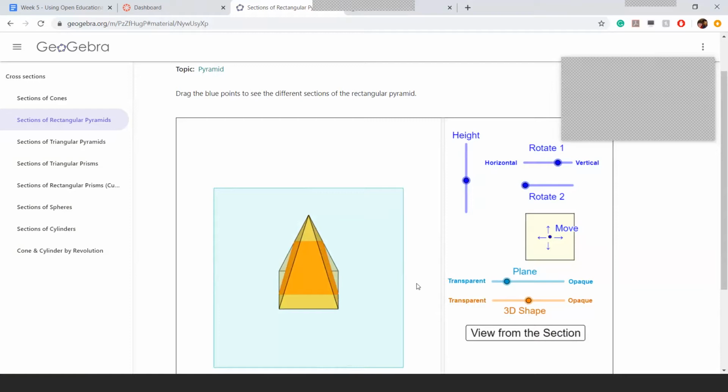This means that when you have a diagonal cut in a rectangular pyramid, you have an isosceles trapezoid. So we have three different shapes that exist in this image depending on where you decide to place the cut. Horizontal is a rectangle, vertical is a triangle, diagonal is an isosceles trapezoid.